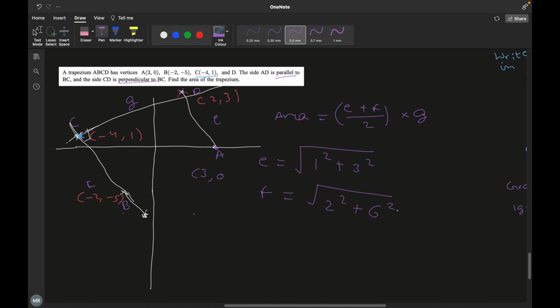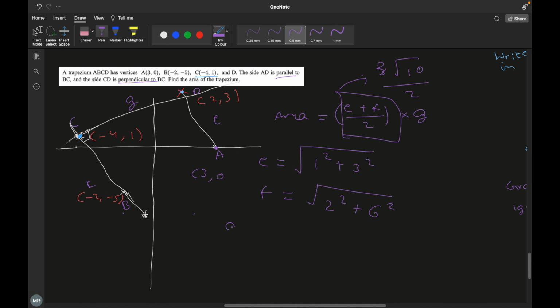Now let's find what this would be. So the square root of 1 plus 3 squared is the square root of 10 plus the square root of 2 squared plus 6 squared, divided by 2. So that term would be 3 root 10 divided by 2.